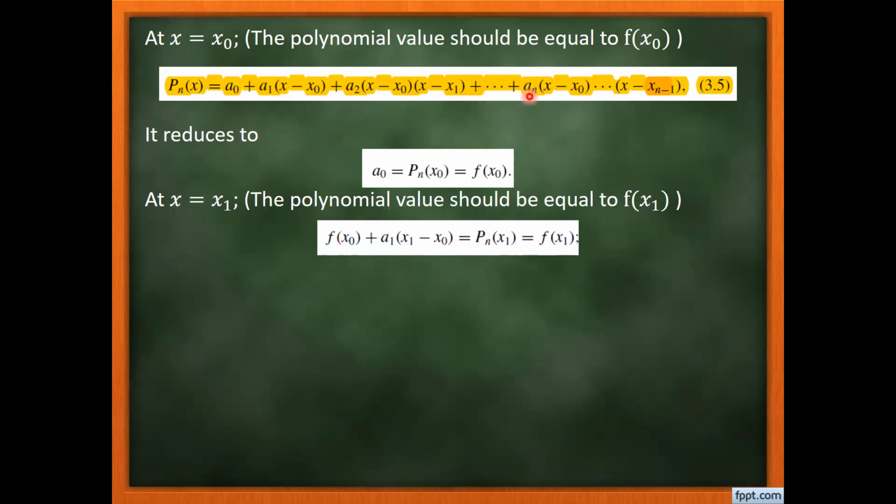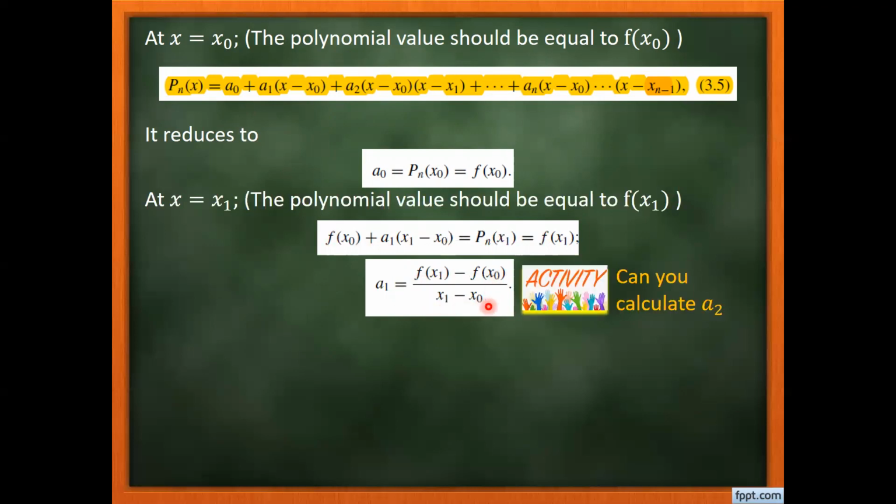And so on till the last term, it is also 0. So on the right hand side, I have two terms, a0 and a1 times x1 minus x0. As we have calculated the value of a0 earlier, now I can plug that value here. So it will be f of x0 plus a1 times x1 minus x0 equals f of x1. Now by solving for a1, I get f of x1 minus f of x0 divided by x1 minus x0.